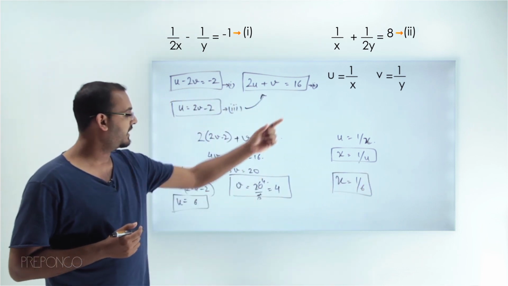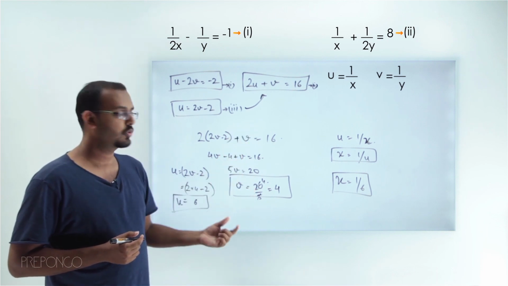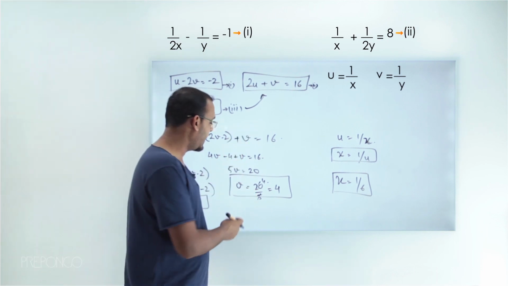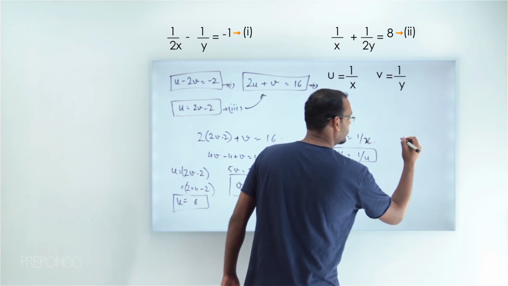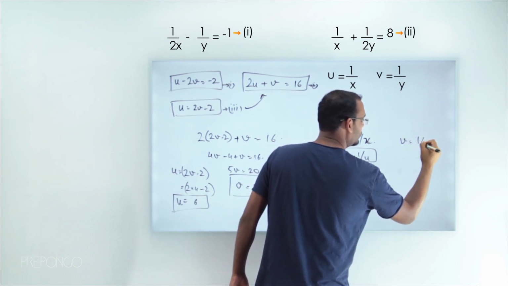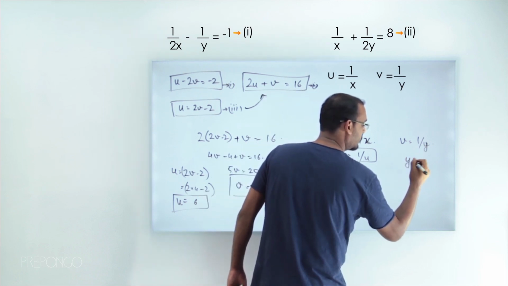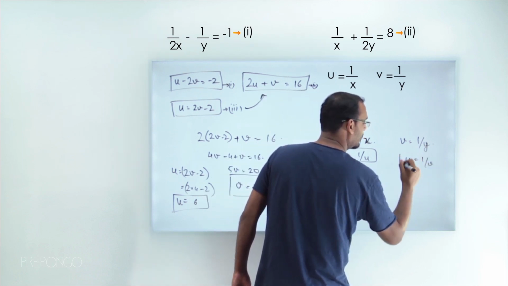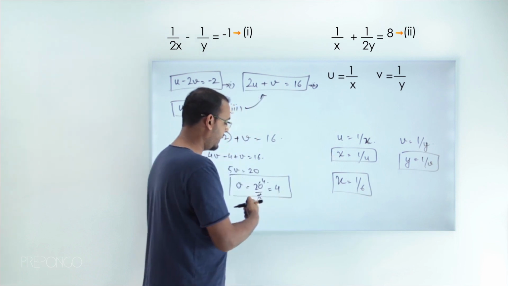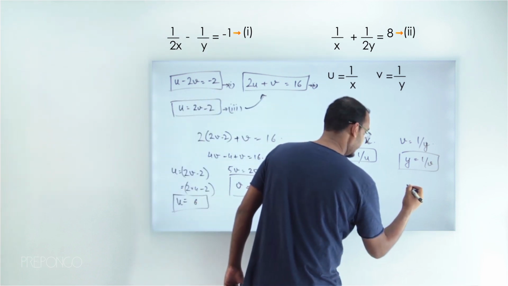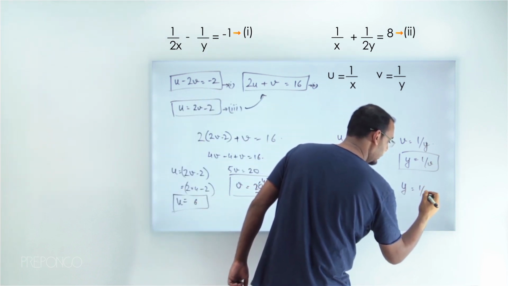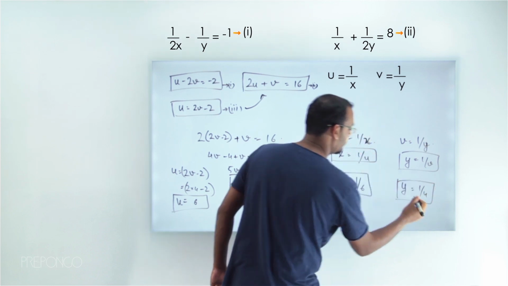And if I use the expression v is equal to 1 by y, I can calculate the value of y as well, right? So I can rewrite this as y is equal to 1 by v. So if I substitute the value of v, which was 4, I get the value of y as 1 by 4.